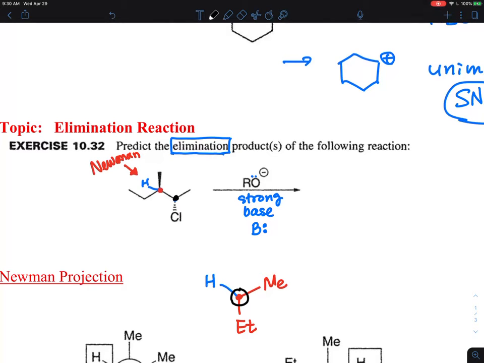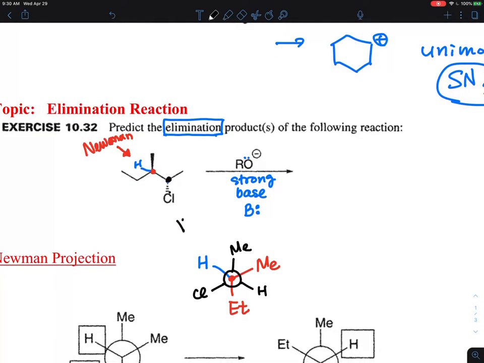If you're just using this plane line, they are on the surface of this plane. So I can say the ethyl and the methyl are on the same plane. And using this as a reference point, this is moving away. So you can think about chlorine on this side, and what is left over is hydrogen. So that's a Newman projection.